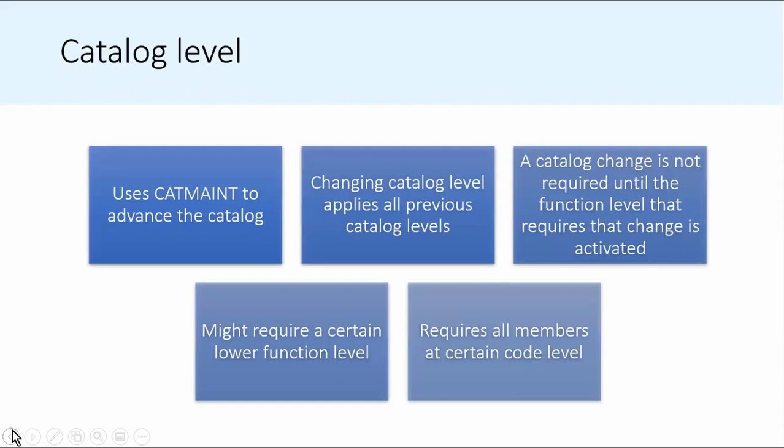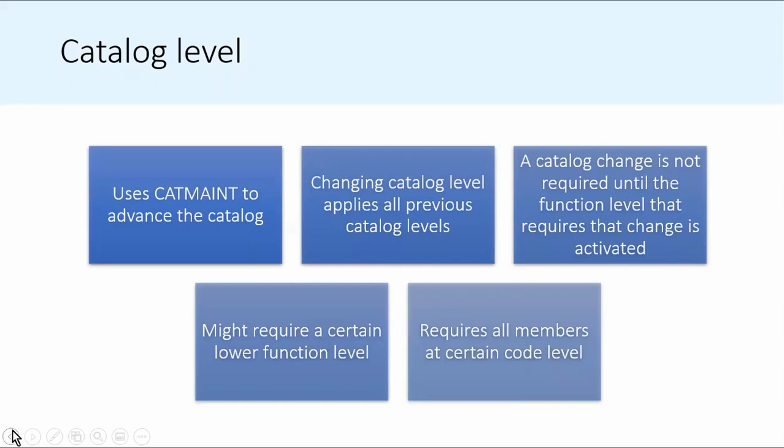The highest catalog level in version 12 is V12 R1M 509, but if you specify 510, DB2 will figure it out and will bring you all the way up to catalog level 509. You don't need to run catmaint until you're trying to get to a function level that has that catalog level as a prerequisite.